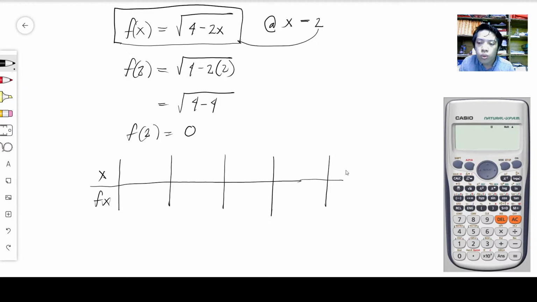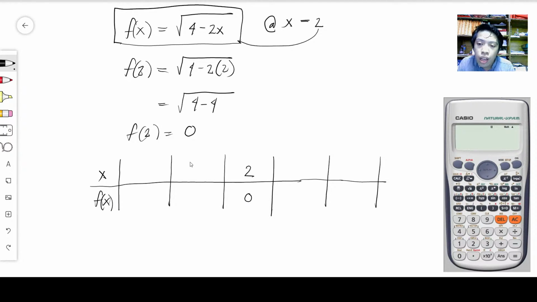Suppose another point. Suppose ano din ni an 2. So when x is 2, the value of f of x is 0, diba?